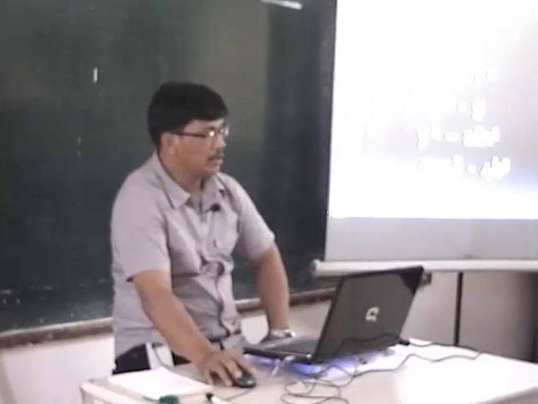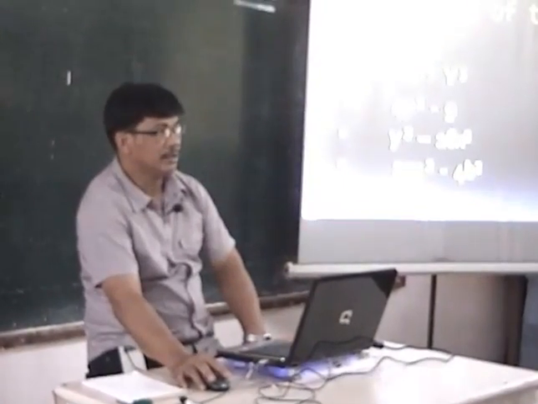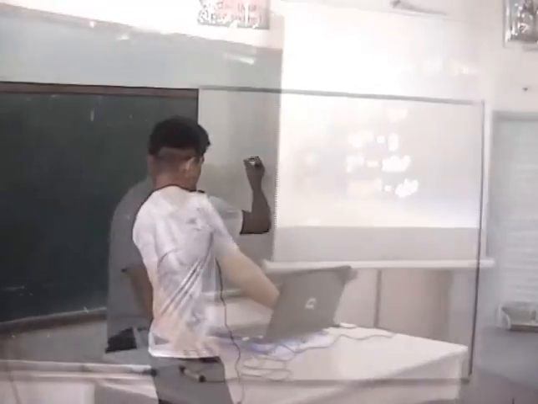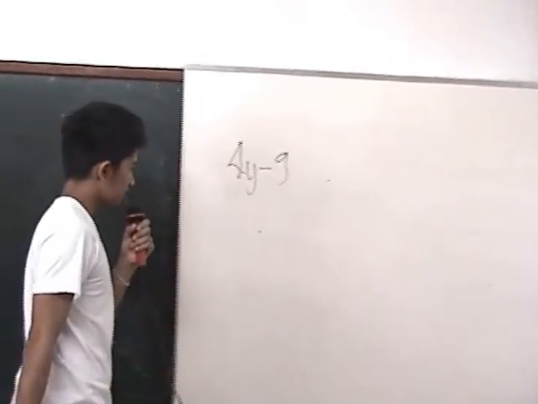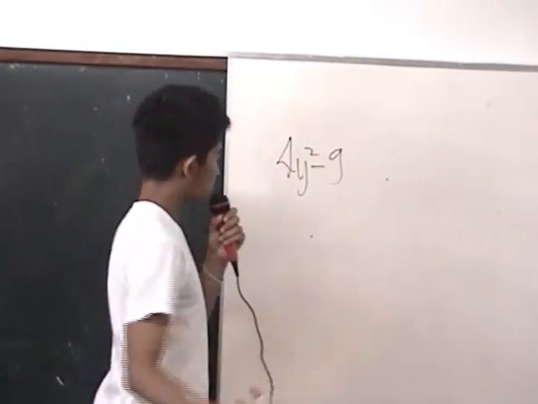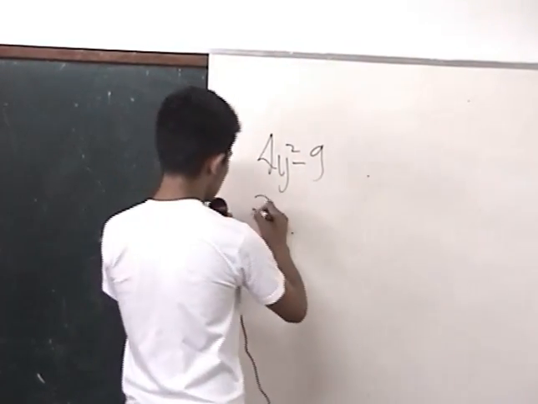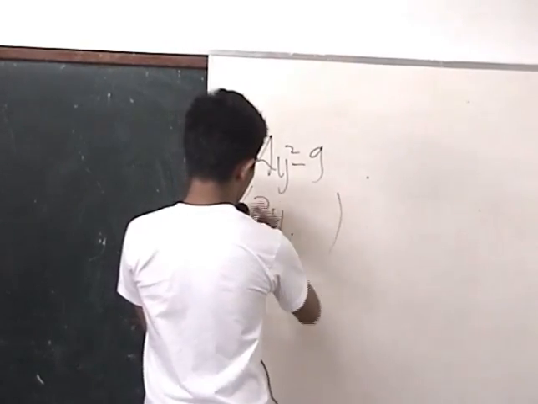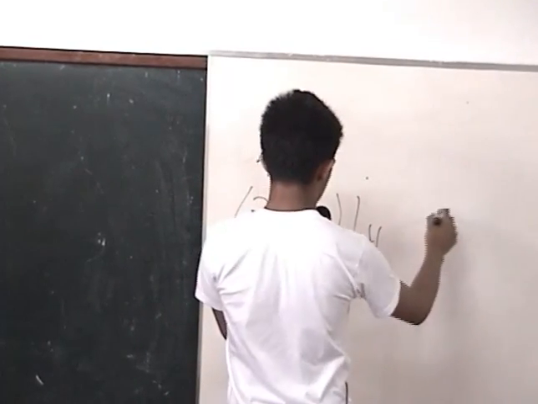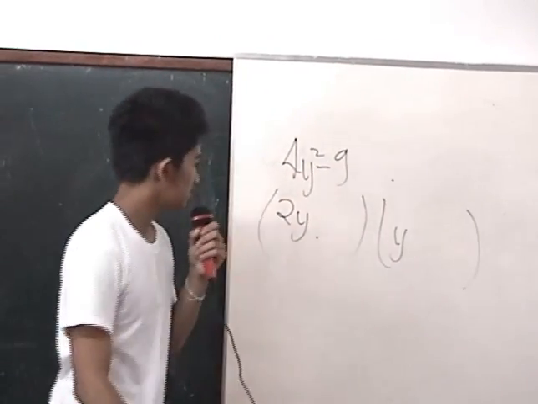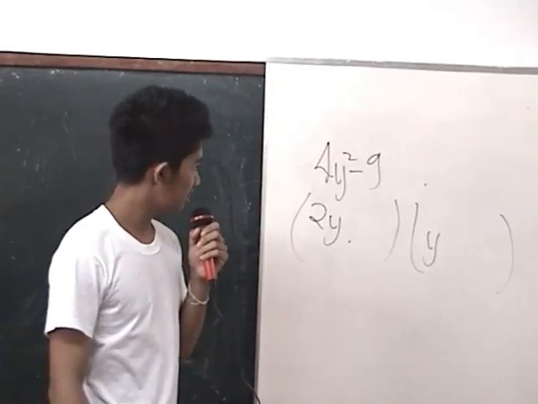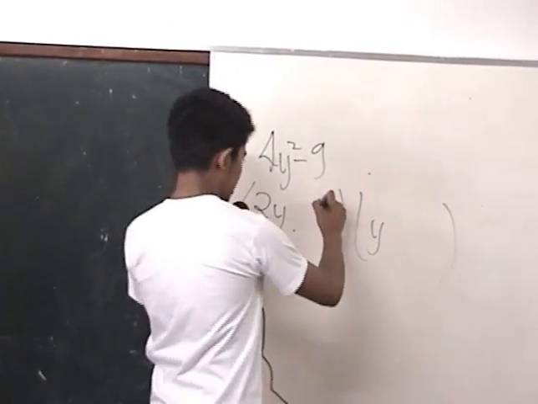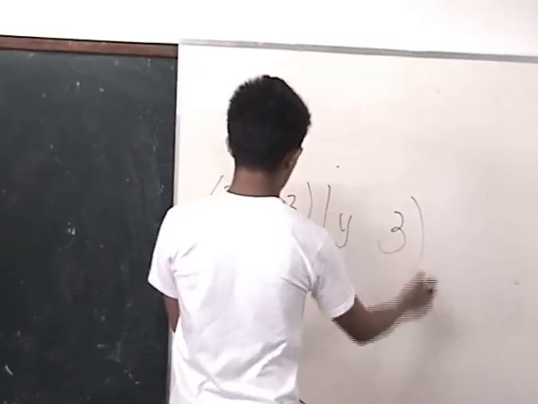What about the expression 4y squared minus 9? You can try this, Jerry. 4y squared minus 9. First, we get the square root of 4y squared, which is 2y. Second, we get the square root of the last term, which is 3.